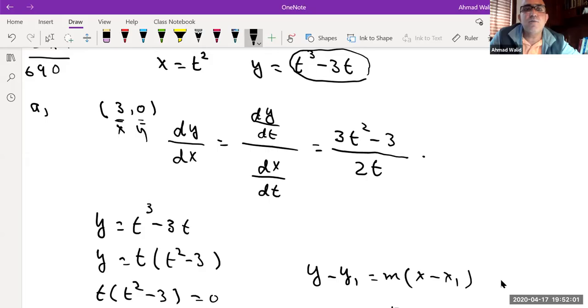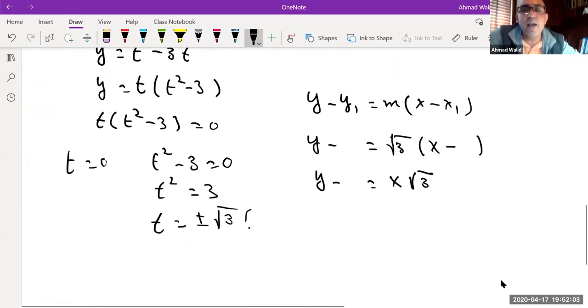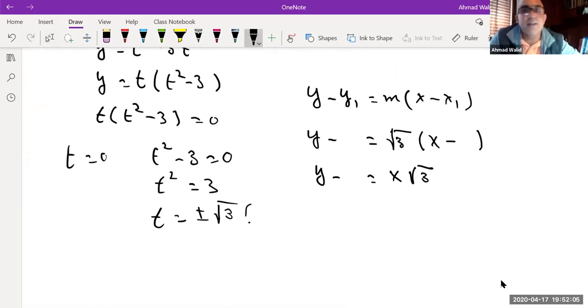This is x, this is y. I plugged it the wrong way, and you're saying, yes, you are right. y minus 0 equals m times (x minus 3). Let's erase this step totally, because everything is wrong in this step.